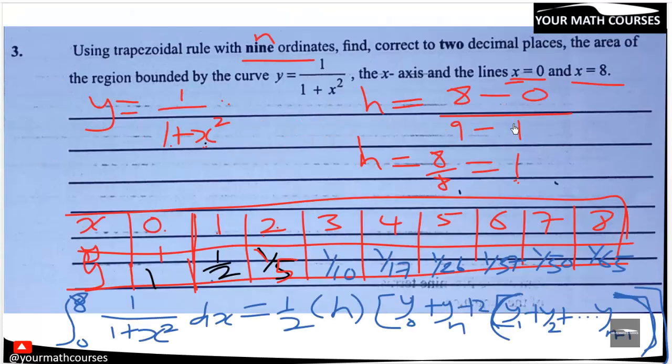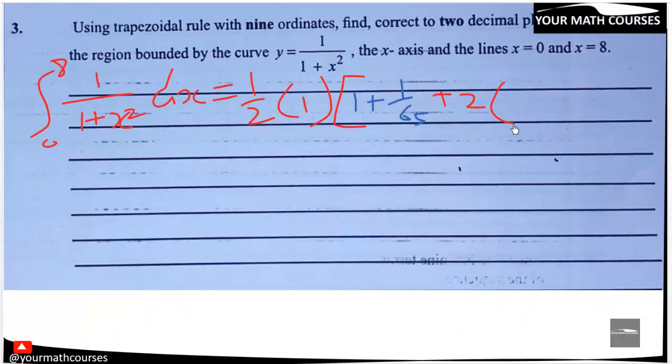So the remaining y values are 1 over 5 up to 1 over 50. We add them. So we have 1 over 2 plus 1 over 5 plus until we get to the last one there, which is 1 over 50.